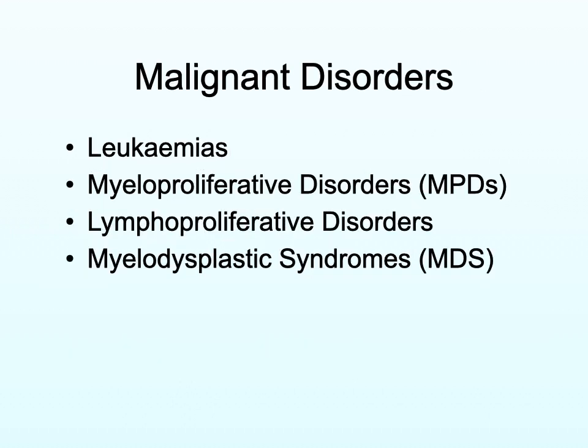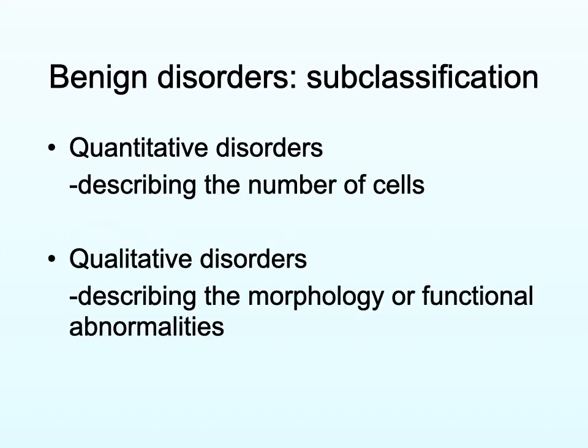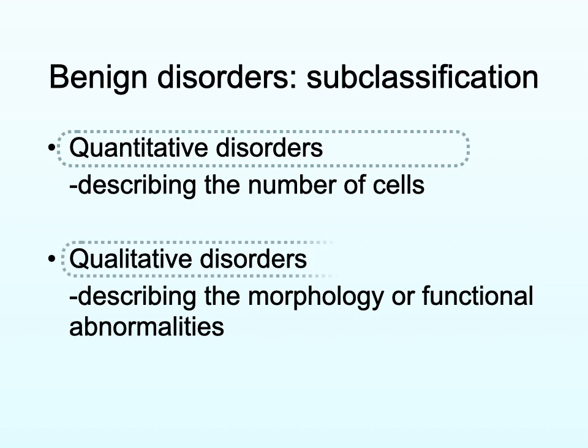The malignant disorders include leukemias, MPDs, myeloproliferative disorders, lymphoproliferative disorders, and myelodysplastic syndromes. The benign disorders can be subclassified into two: the quantitative disorders and the qualitative disorders.